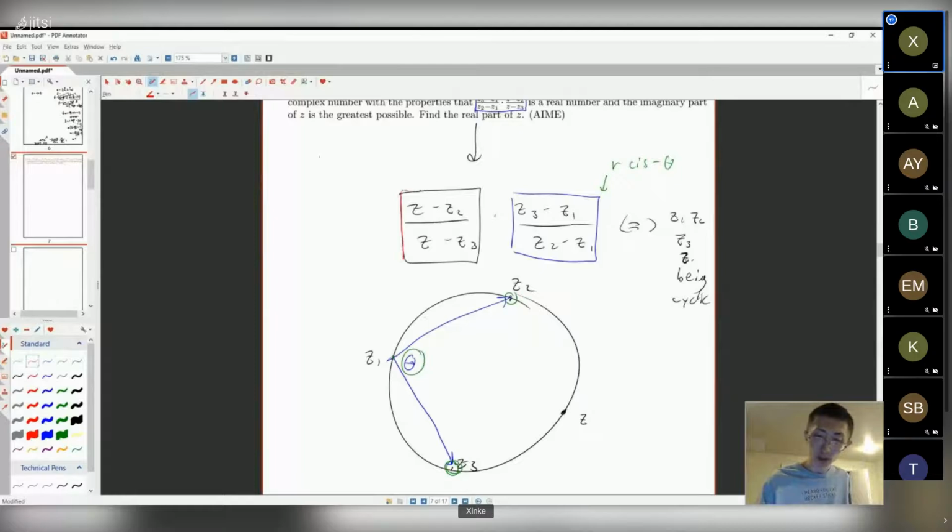So if you have Z minus Z2, that'll be this vector, and Z minus Z3 is like this.